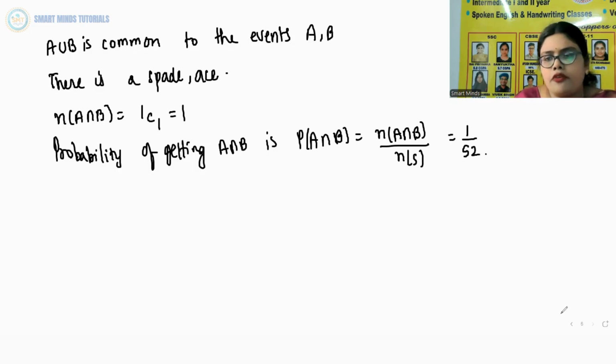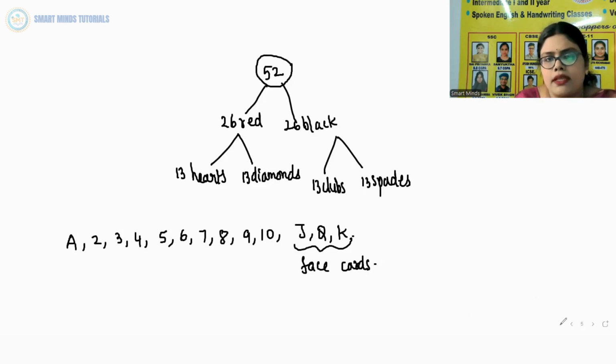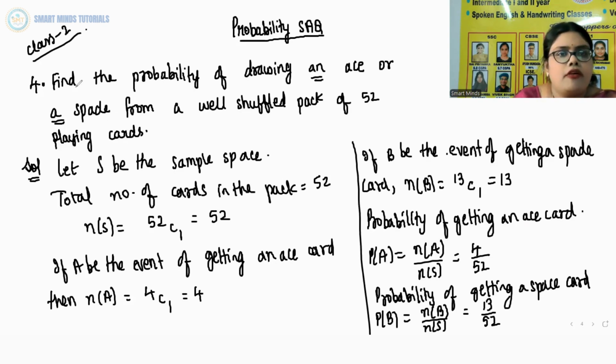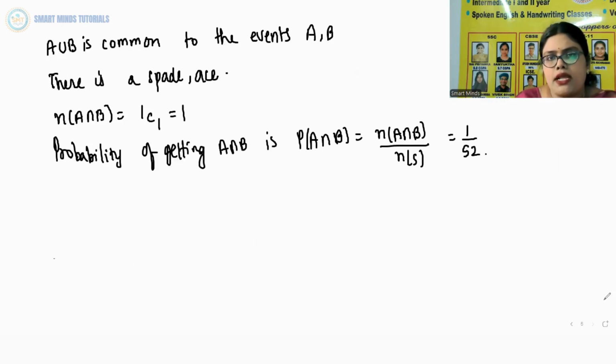Now what do you have to find? The question is asking you to find the probability of drawing an ace or a spade. Or means union and means intersection. So they are asking you for union.